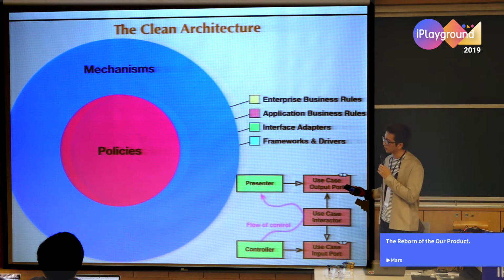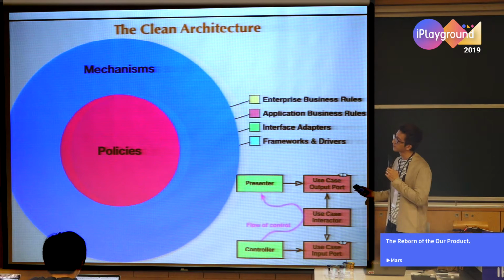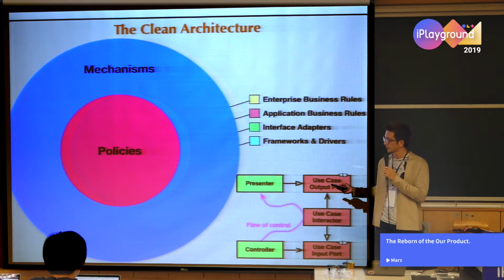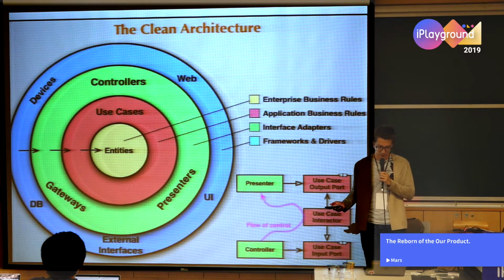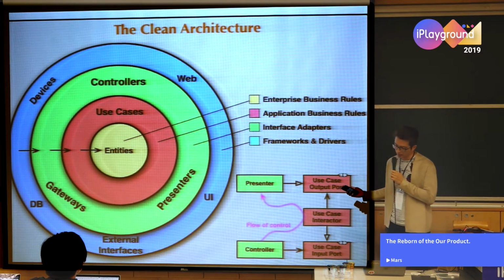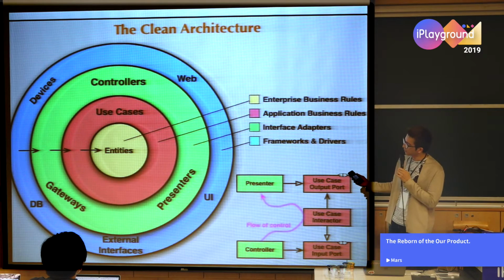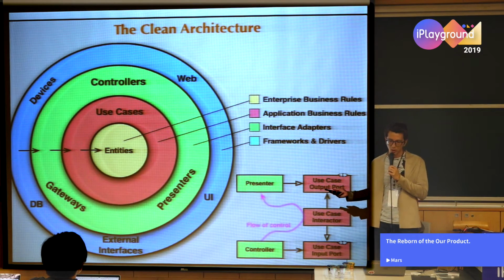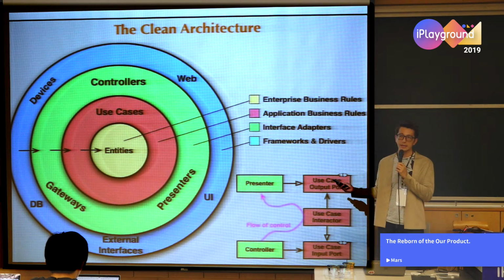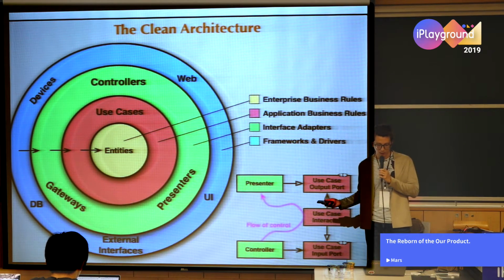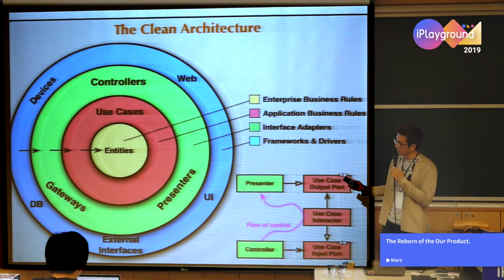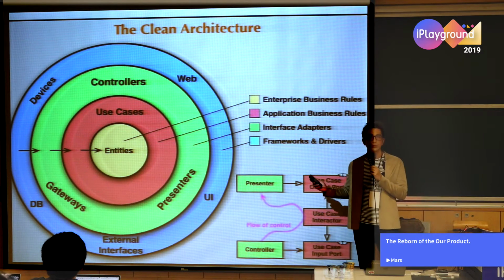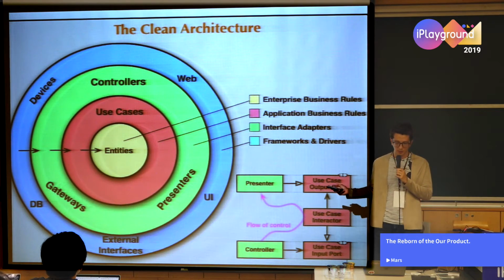The outer circles are mechanisms, and the inner circles are policies. The green layer is the interface adapter, which should contain the whole architecture of the user interface. Therefore, the presenter, views and controller should be put in this layer.